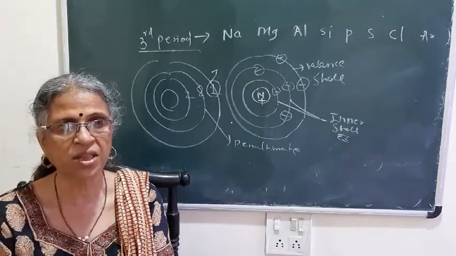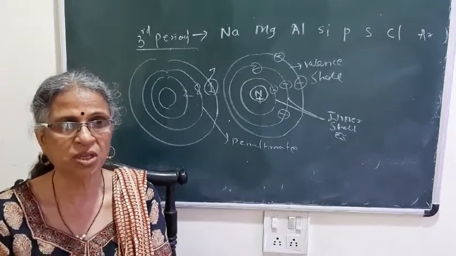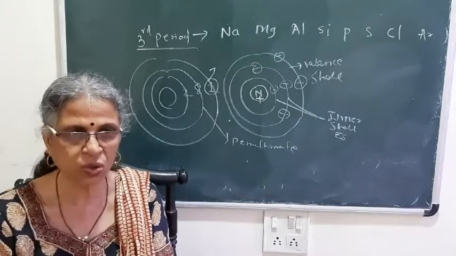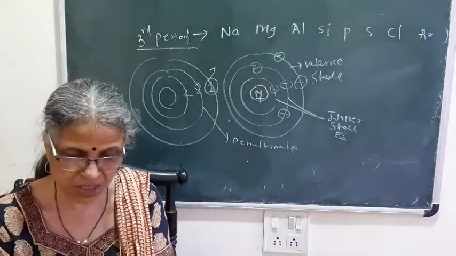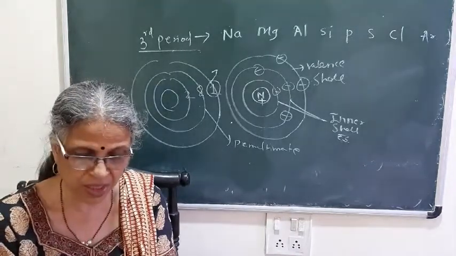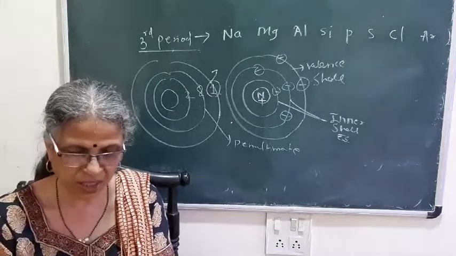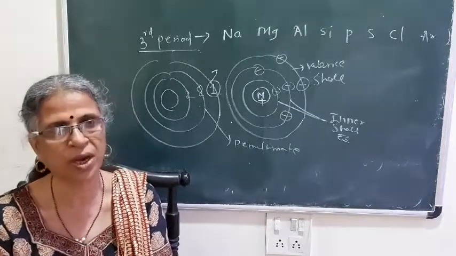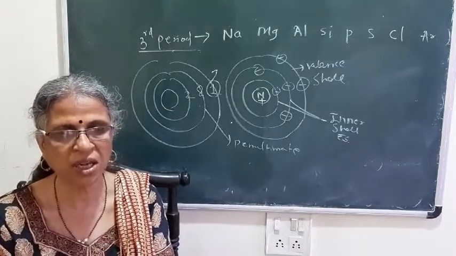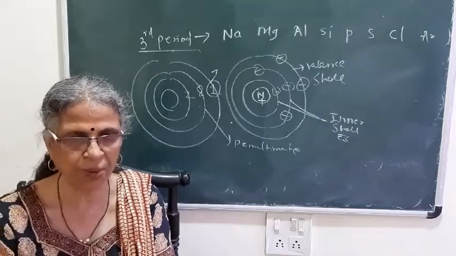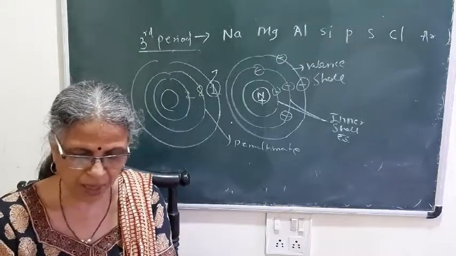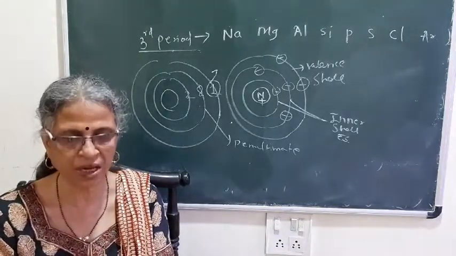The electrons get added in the same shell, due to which the atomic radius decreases, and due to the decrease in atomic radius the effective nuclear charge increases, and as a result the tendency of the atom to lose electrons decreases within a period from left to right, that is, the metallic character decreases from left to right. Followed? So whenever we say metallic character decreases, conversely we can say non-metallic character increases. So in a group the metallic character increases, that is, non-metallic character decreases. In a period metallic character decreases, meaning non-metallic character increases.